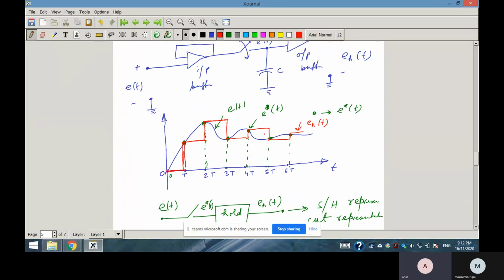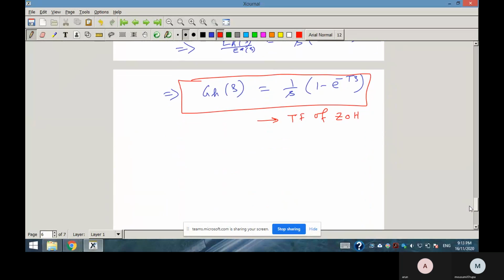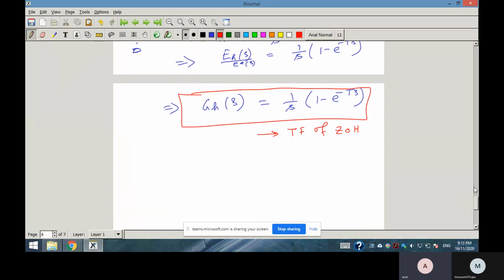Order zero means, this is the transfer function of the hold function. So here, ultimately, how will you say it is a zero order?